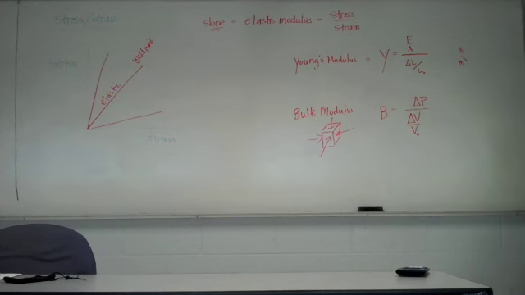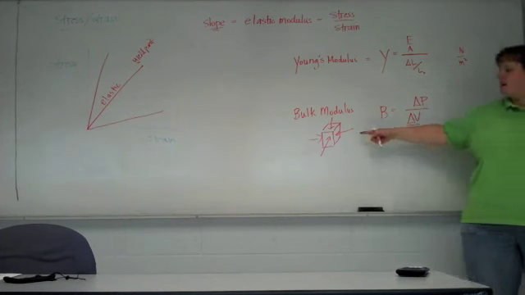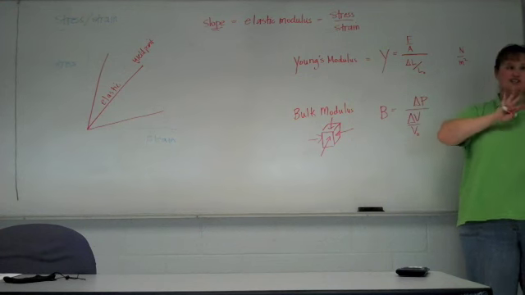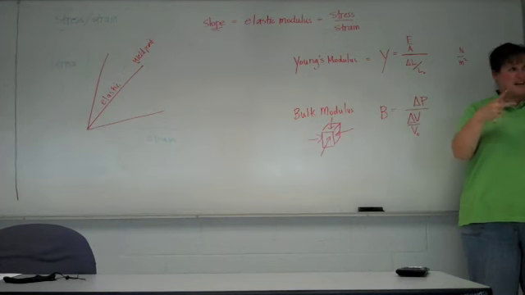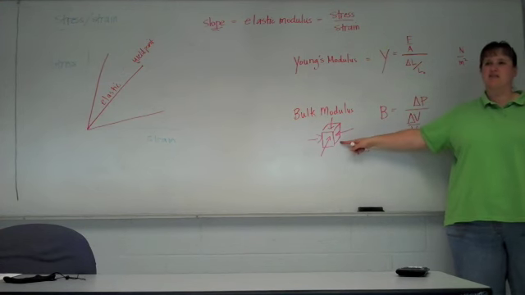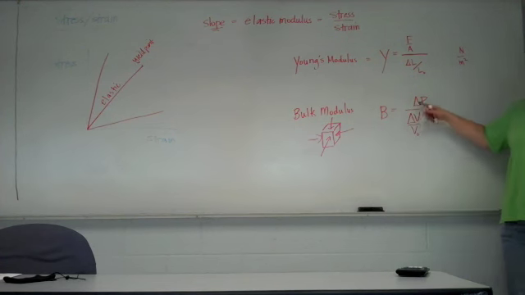But we need one more piece of information here. If I have all these forces pushing in, so an increase in pressure, what's going to happen to the volume of this object? It's going to get smaller. So an increase in pressure always corresponds to a decrease in volume, and vice versa. We don't want negative values for B, so we need to put a negative sign in the equation, because delta P and delta V will always have opposite signs.